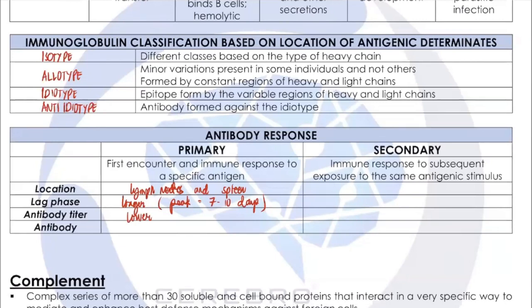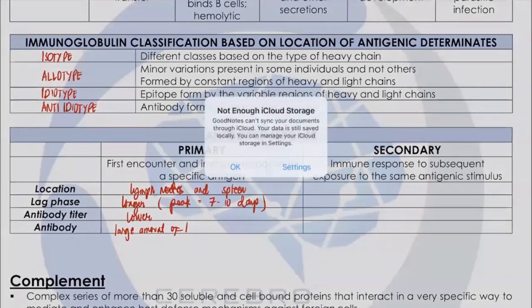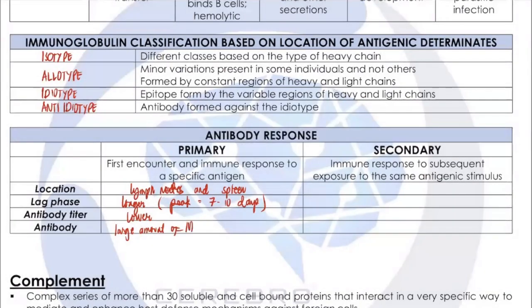And the nature of the antibody that is produced is predominantly IgM. So you have a large amount of IgM and a small amount of IgG.